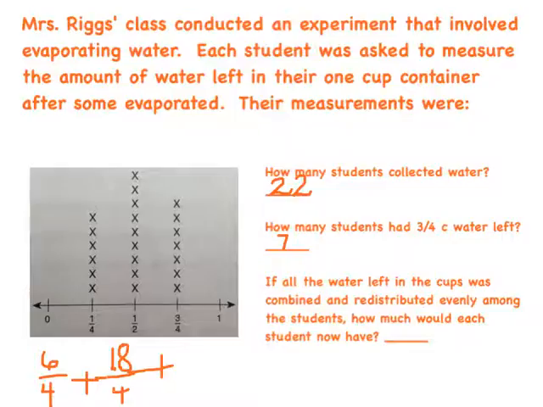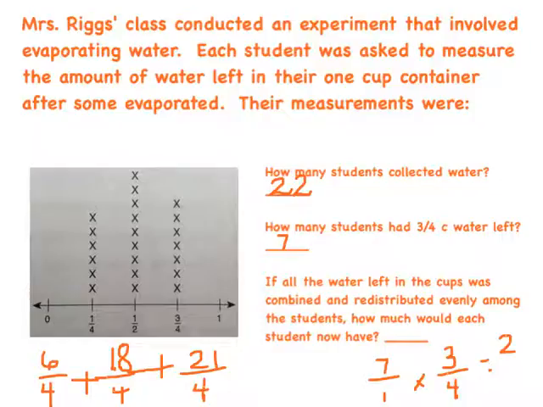So I need 7 of, which means times, the 3/4, which means I have 21 fourths. Okay, so let's add those together. 21 fourths.